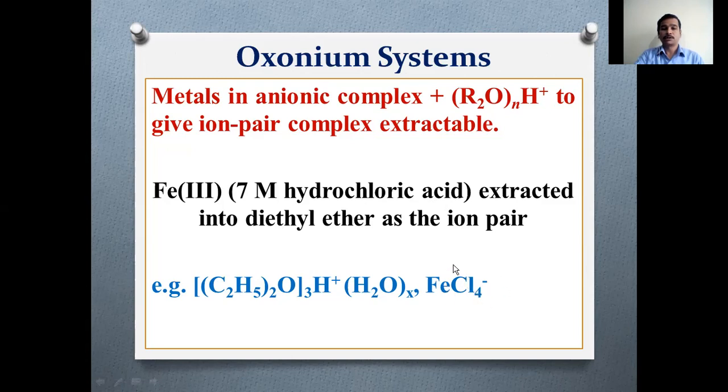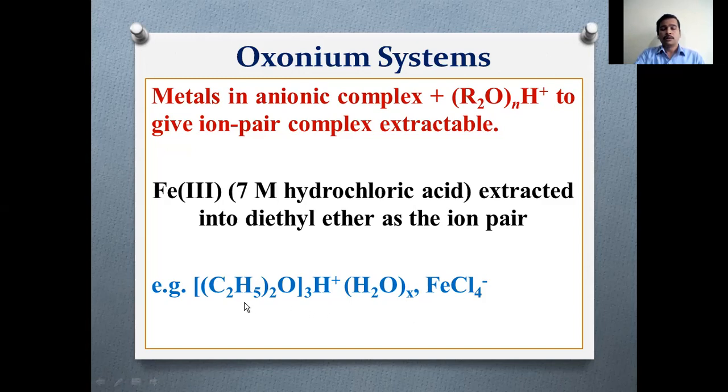This is negatively charged, and diethyl ether you are using as the solvent. When you use diethyl ether as the organic solvent, you transfer that into the separating funnel. So the separating funnel contains FeCl4 minus and hydrochloric acid. The hydrochloric acid will be solvated with the diethyl ether, and water will also coordinate definitely.